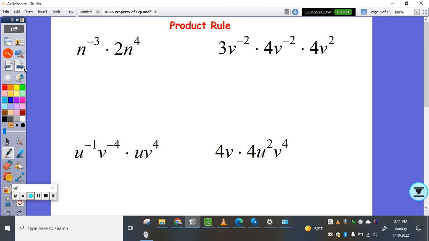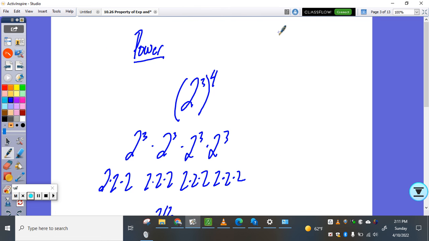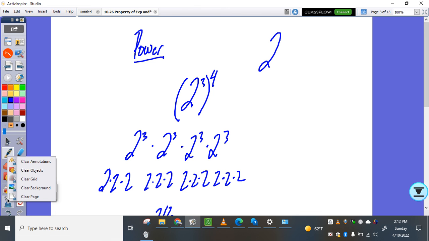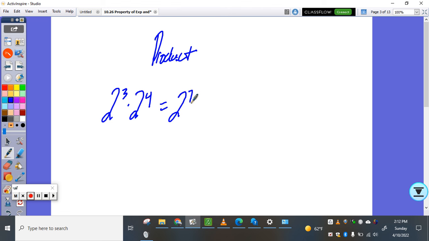So if I look at an example here, I can see that I've got a number now that I've got to mess with. Now, going back to the example for a second, we used numbers first by saying when we're multiplying the exponents in the product rule, we were saying 2 to the third times 2 to the fourth is equal to 2 to the seventh.